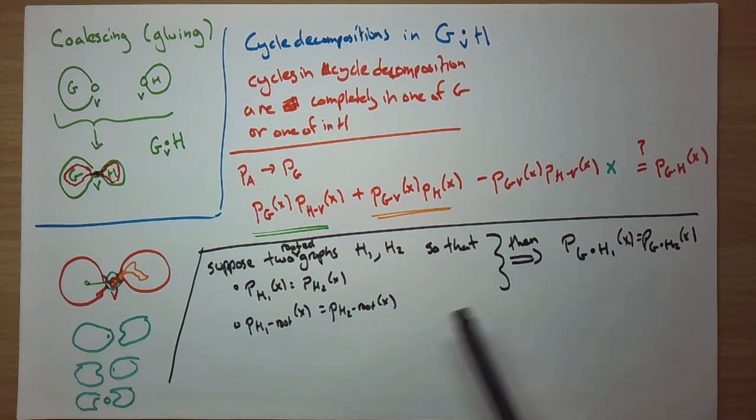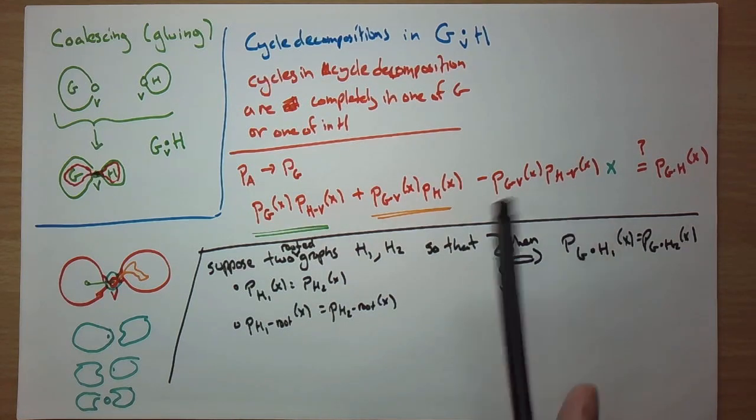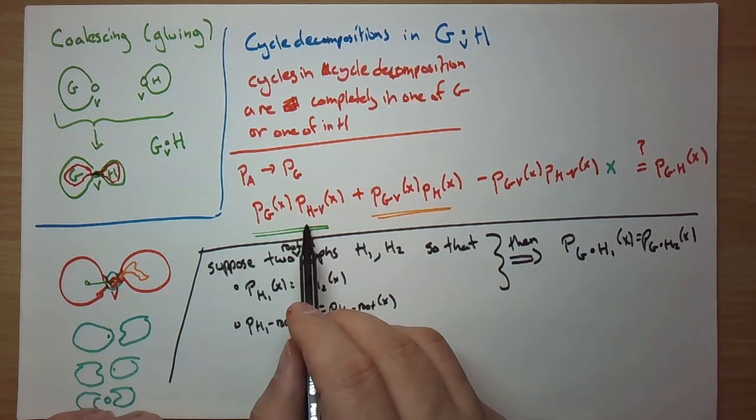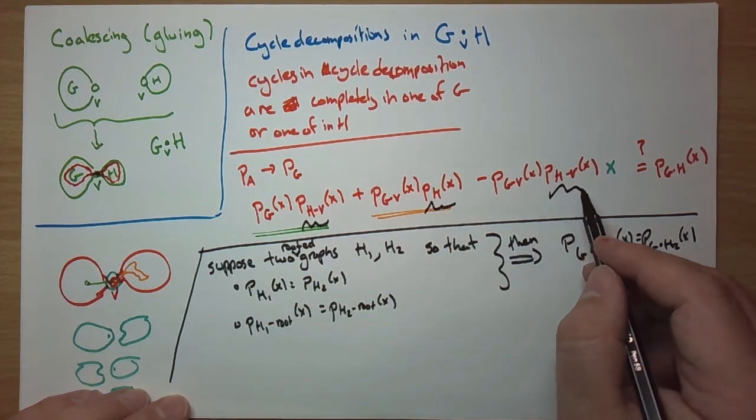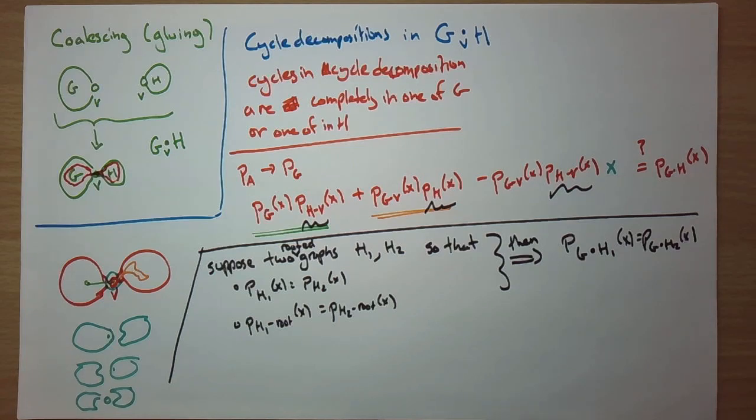Why is this true? Substitution. Yeah, it's just saying just compare what happens. You can swap out these pieces for H1 and H2. And then the G part doesn't matter because I'm keeping G the same. And so I get these nice things. So in other words, it's a way to construct co-spectral graphs.